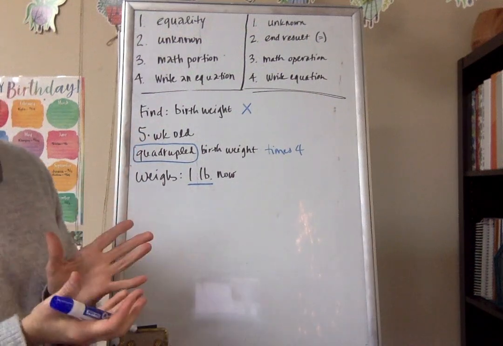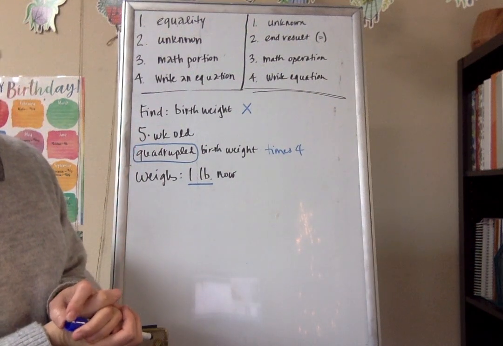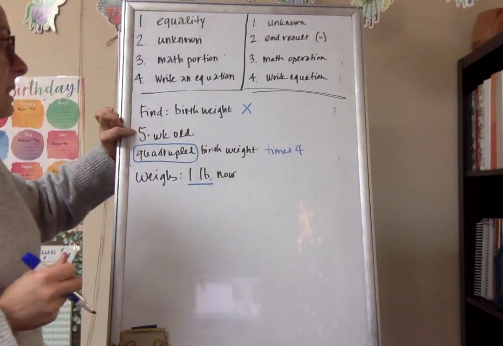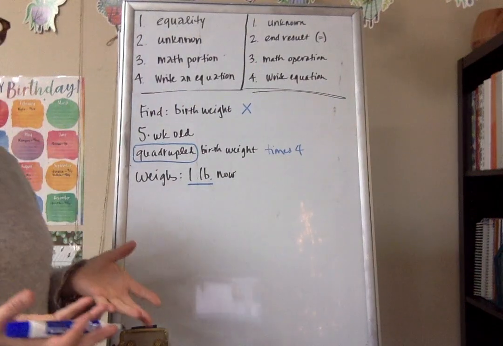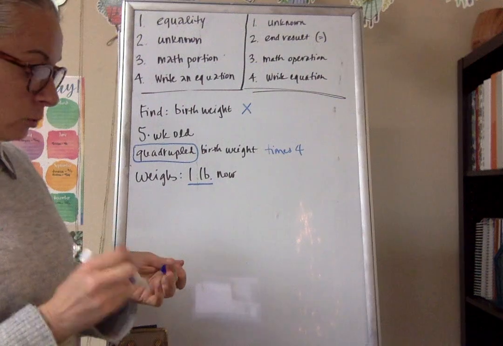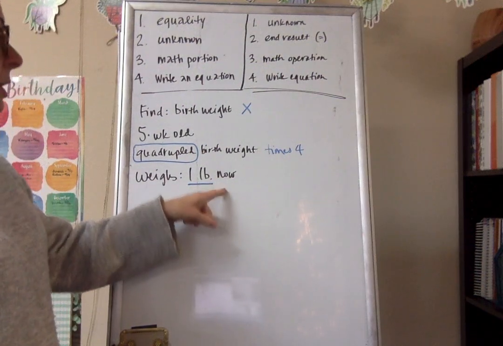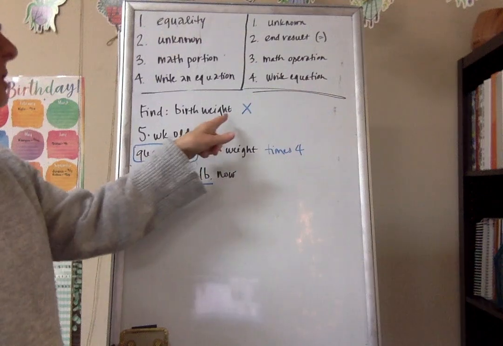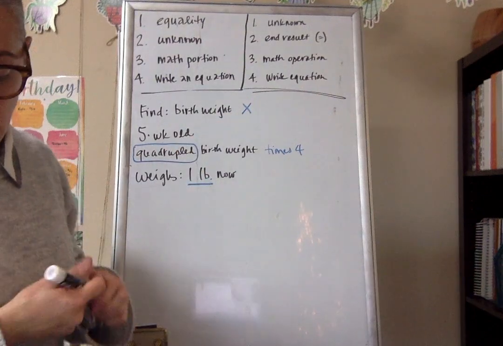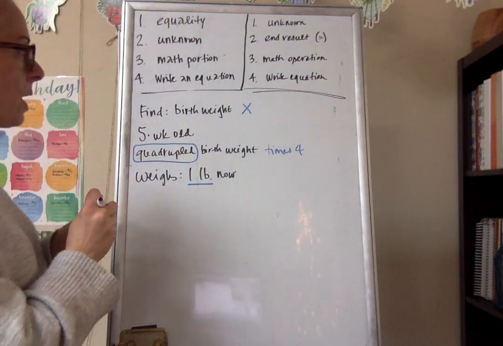And now we're going to write an equation. Now notice, we know that this kitten is 5 weeks old, but that's really irrelevant to our problem. We don't need to know how old it is. We just need to know what it weighs now, how much its weight has changed, so that we can find where it started. So let's make an equation.